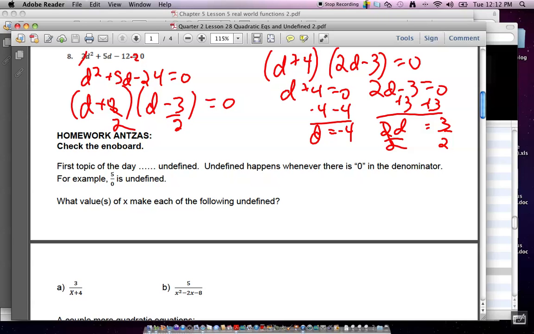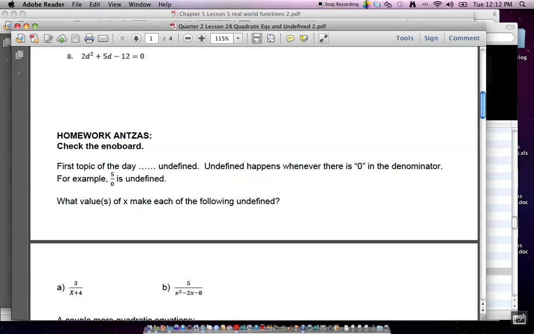Any questions on those quadratic equations? Okay, cool. Top of the next page. Do A and B. What value or values of x make each of those undefined?